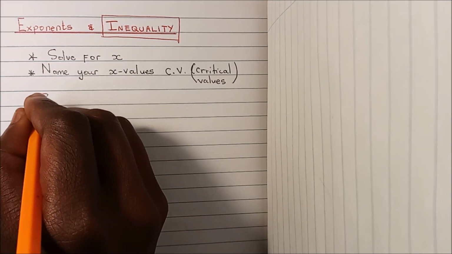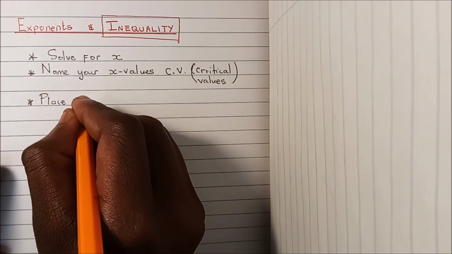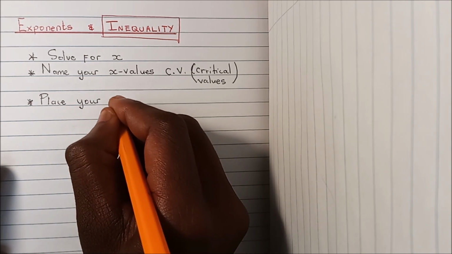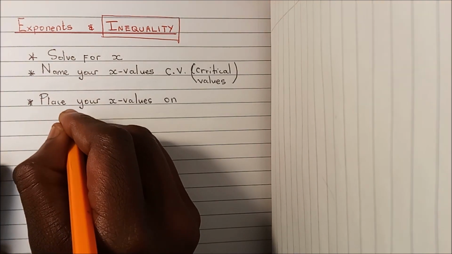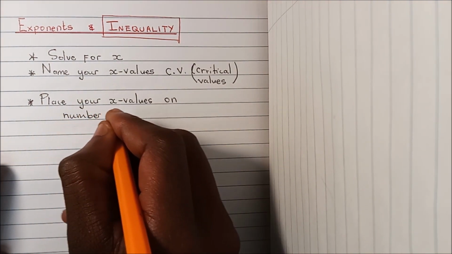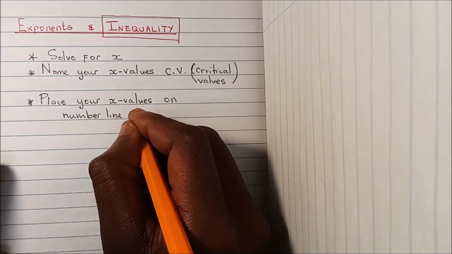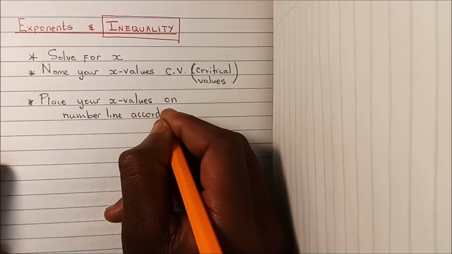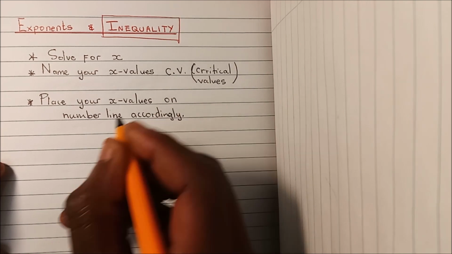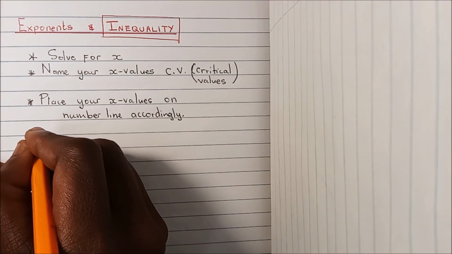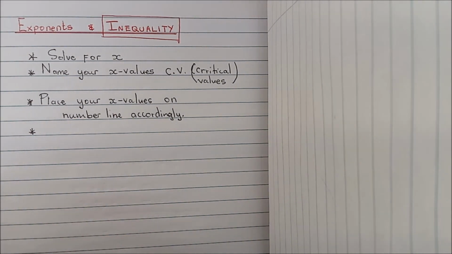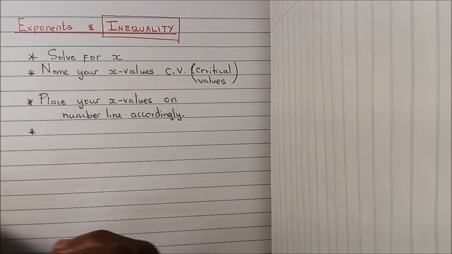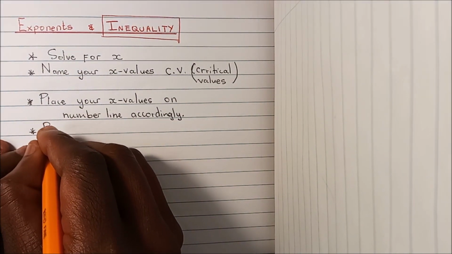you place your x values on the number line. And you place them accordingly. And then the fourth point, after placing your x values on the number line, what you will do is you will put intervals.